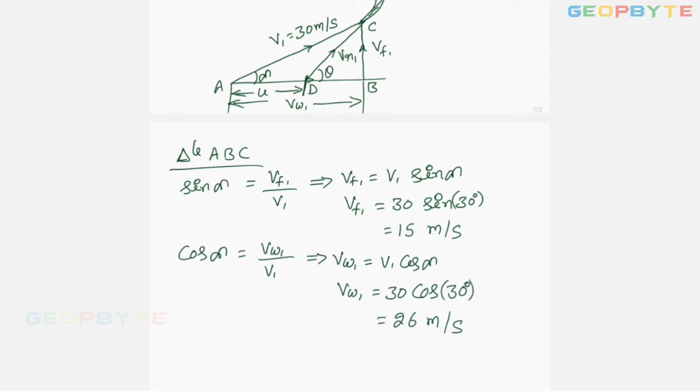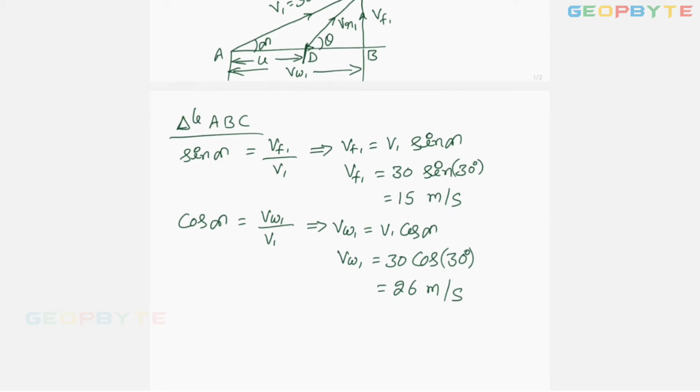This is the blade inlet angle theta. Now DB equal to Vw1 minus U. Vw1 is 26 minus U is 15. It is equal to 11 meters per second.